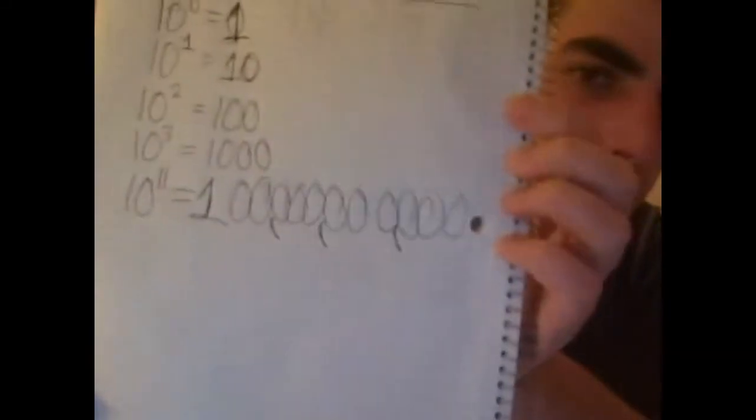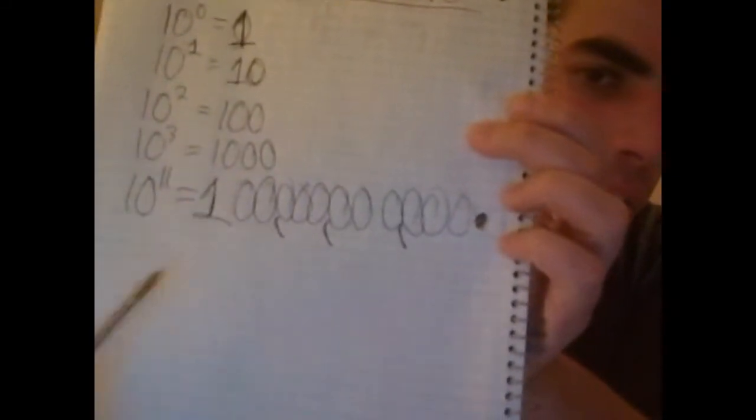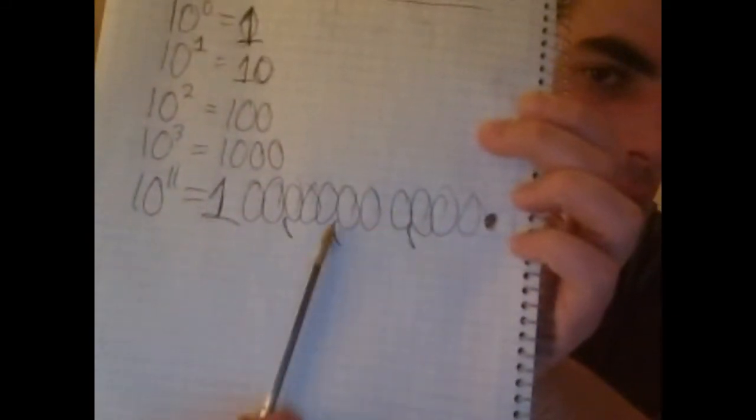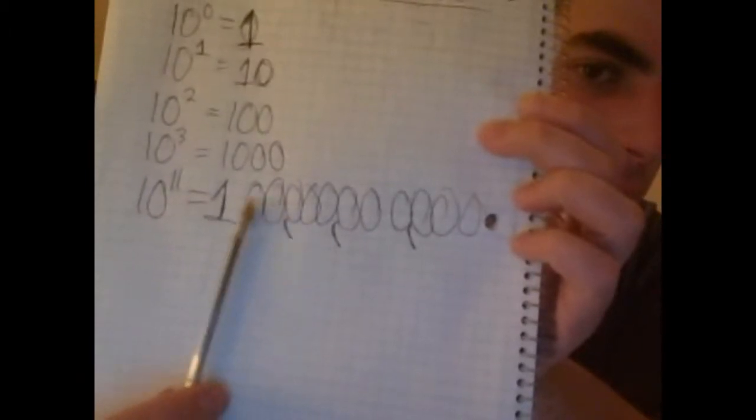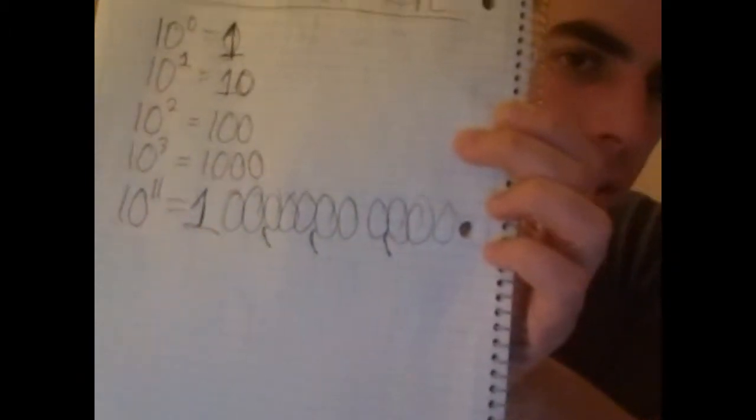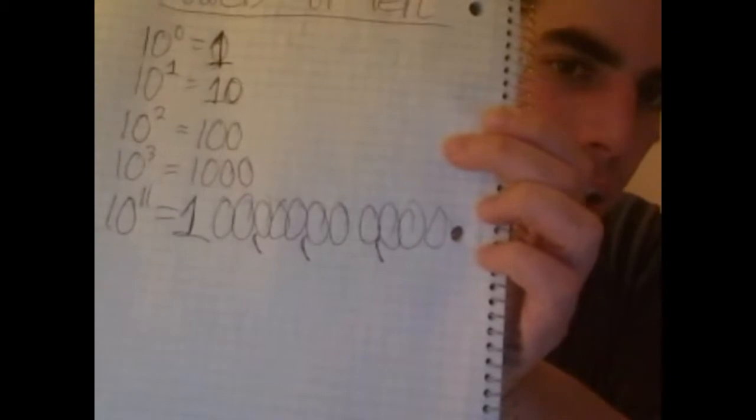So 10 to the 11th would be a 1 followed by 11 zeros. A great way to count them up is to include these little commas here for every 3. So we can count 3, 6, 9, 10, 11 zeros after the 1. Pretty neat, right? 100 billion is the number we get.